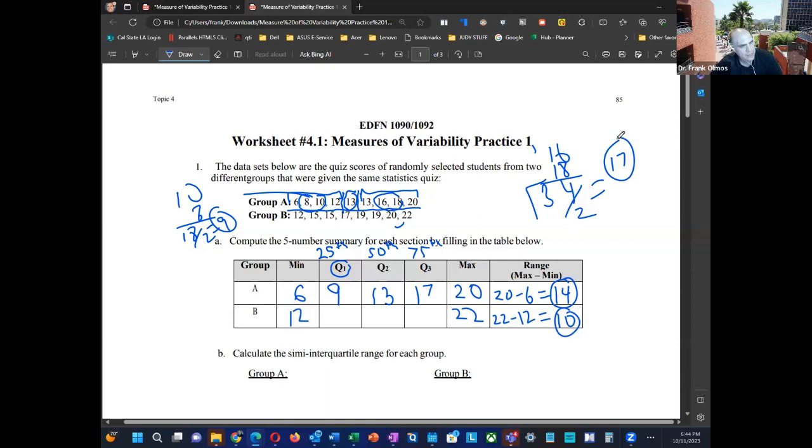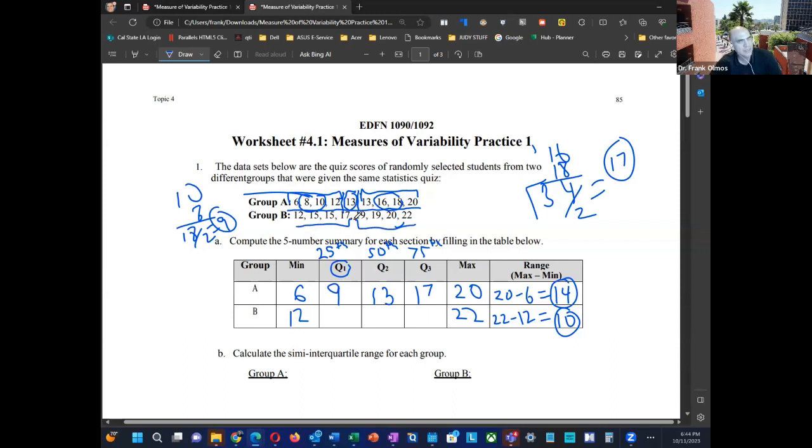Now, to find Q1, Q2, Q3 for group B, let me start by finding the median for group B. Let me count the numbers: 1, 2, 3, 4, 5, 6, 7, 8. So there's an even set of numbers, 4 below and 4 above.